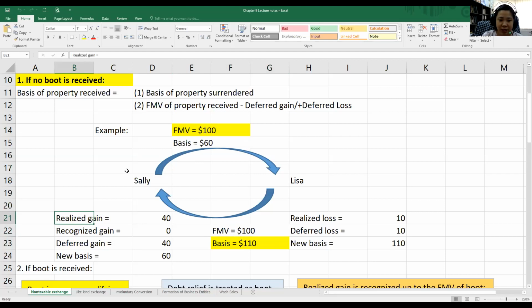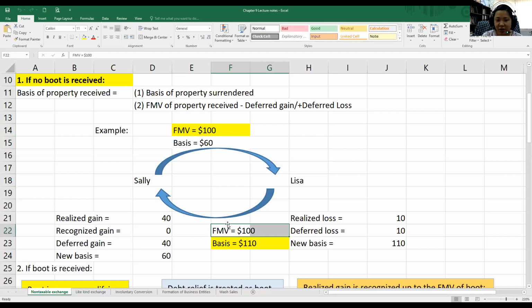Sally surrenders an asset that has a basis of 60, and she will get an asset that has a fair market value of 100.